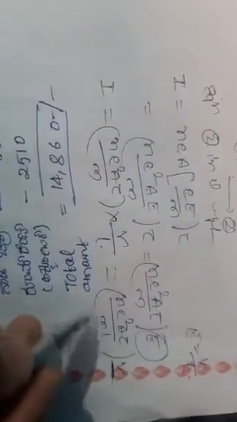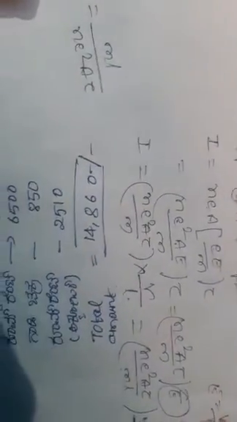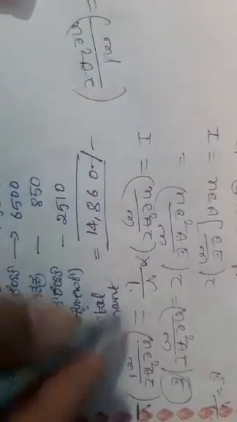Taking the reciprocal, the terms are shifted to the other side, numerators and denominators change, so V equals m L by n e square A tau, where tau is the relaxation time, into I. But m L by n e square A tau is a constant.